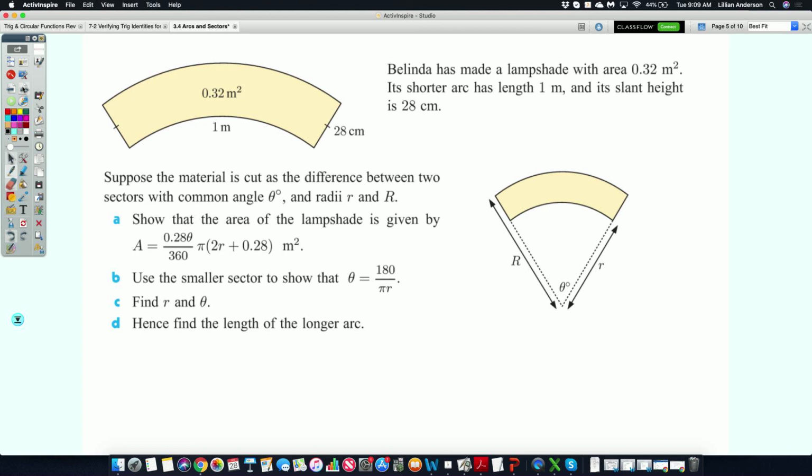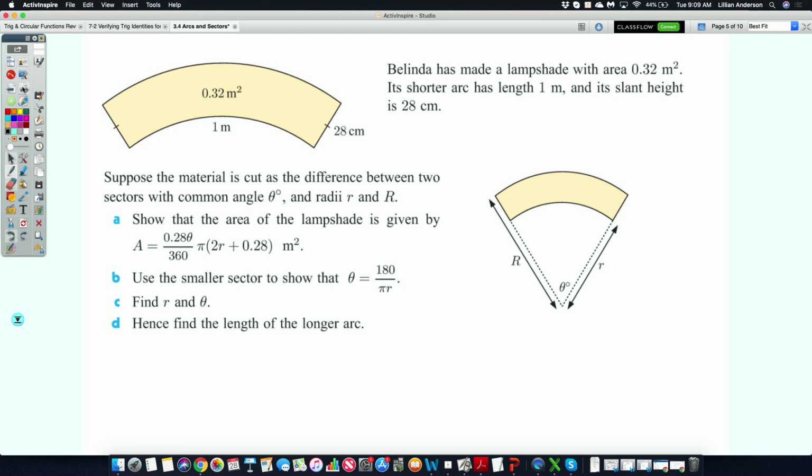Now, before we get started, there's one thing that we need to fix in this problem before we even do any type of math. The units. Do you see how the slant height of the lampshade is in centimeters, but all the rest is in meters? How do you convert centimeters to meters? Move the decimal point of the centimeters to the left.